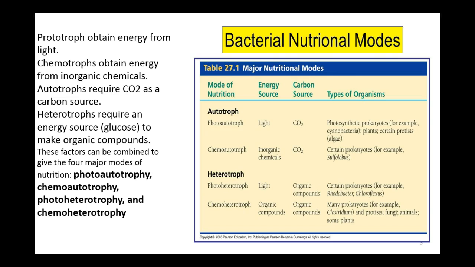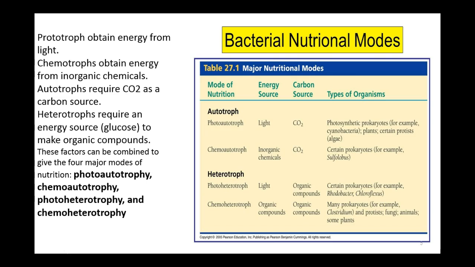Chemoautotrophs use inorganic chemicals such as sulfur and even nitrogen, plus carbon dioxide as the carbon source for their mode of energy. Heterotrophs need organic compounds. They'll need something other than carbon dioxide. So photoheterotrophs can use light as their energy source, but they need some other organic compound. We can think of this somewhat in our terms as they need to eat something.